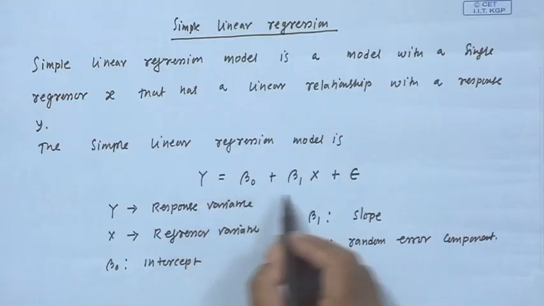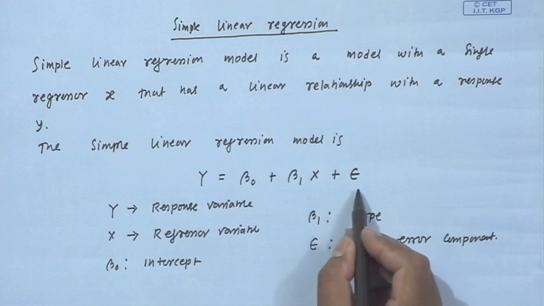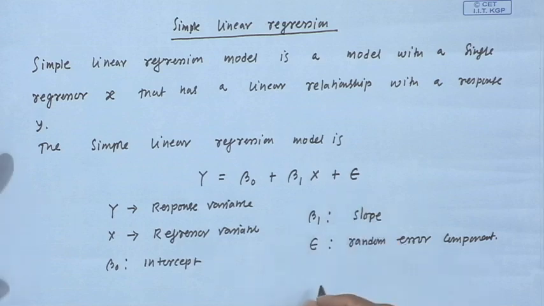Okay. So, come back to this simple linear regression model, y equal to beta naught plus beta 1 x plus epsilon. What is the meaning of this?